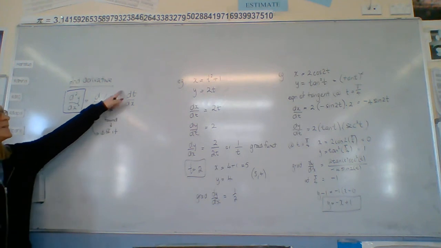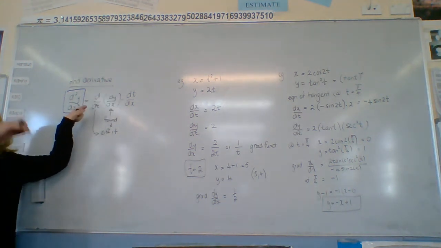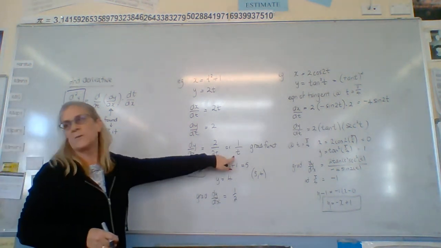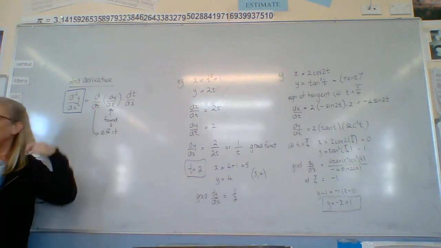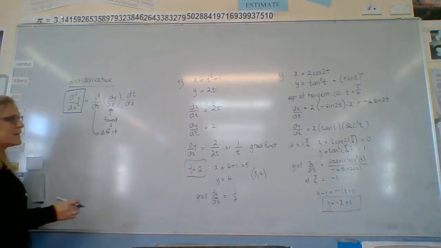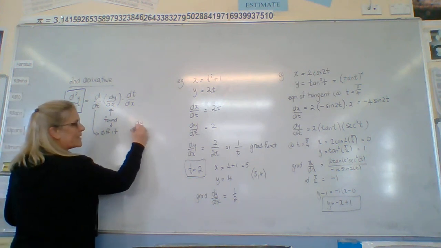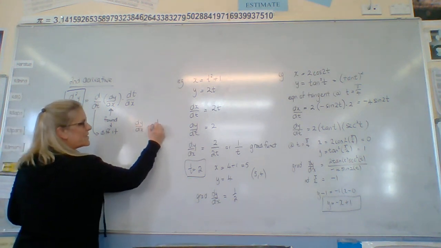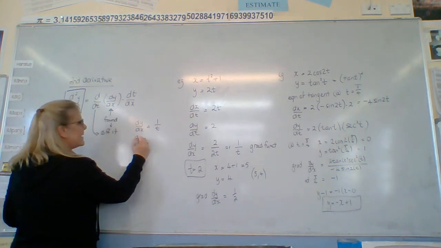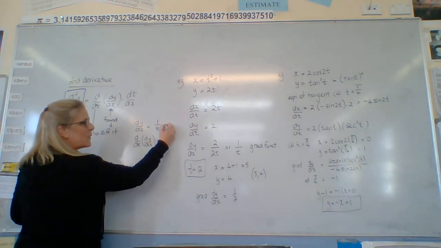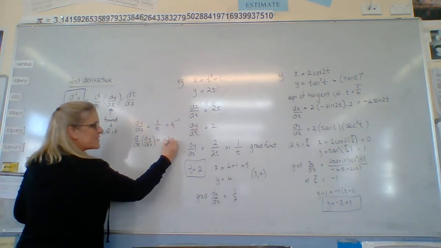So that bit there says whatever you found for the first derivative, differentiate it with respect to t again. It's already in terms of t, so if we were doing this one, dy by dx equals 1 over t. So d by dt of dy by dx, differentiate this again, it would equal negative t to the negative 2.